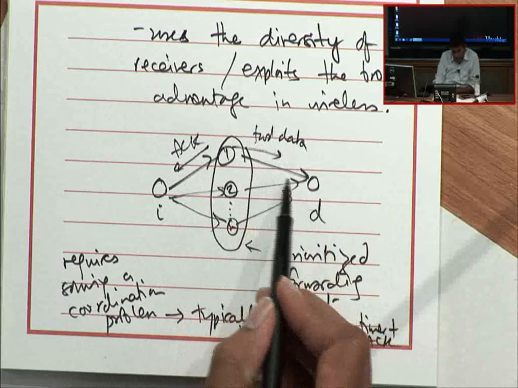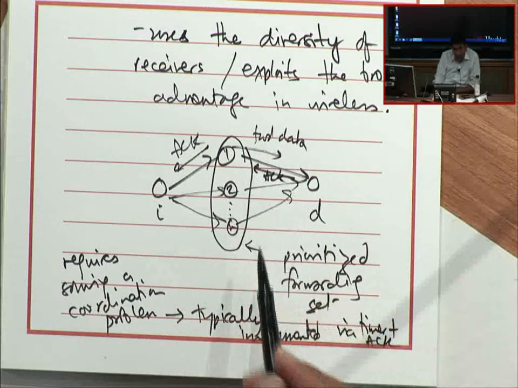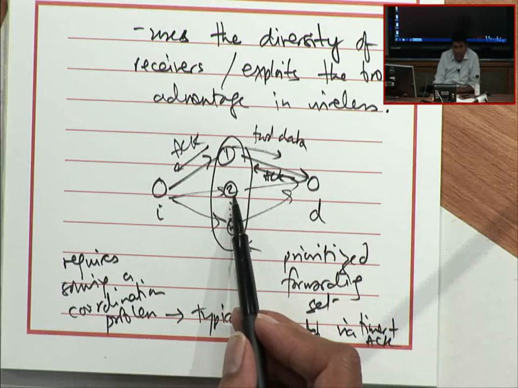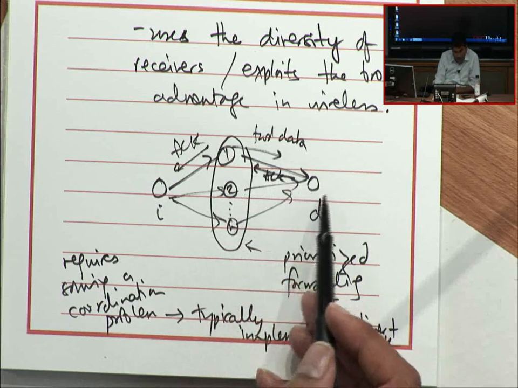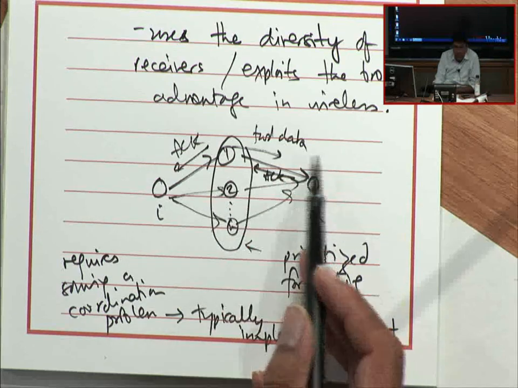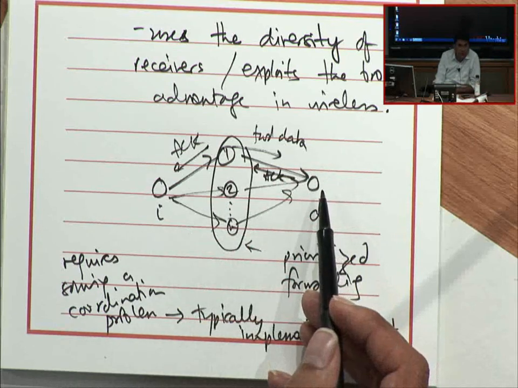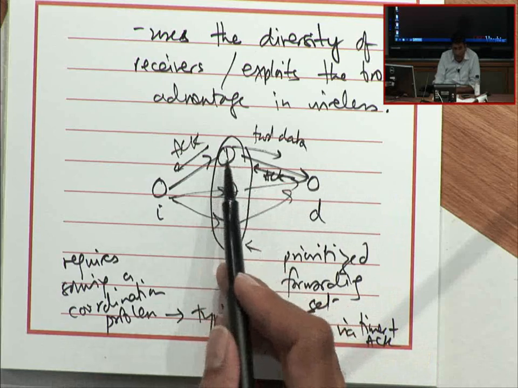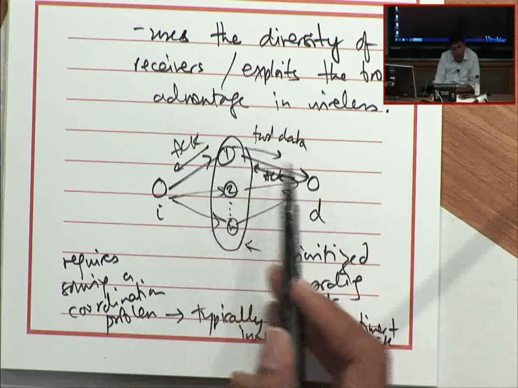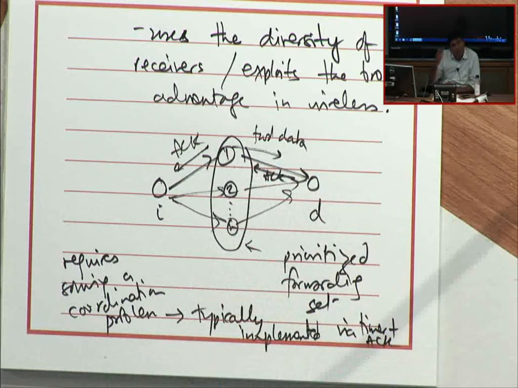And in fact, the final destination will also ACK back. So depending on how you set the timers, you can even wait to hear this ACK, which, because it's by definition supposedly in range of this receiver in order to be able to forward to it, it will hear that ACK for sure. Even if for whatever reason this node was out of your range, if you didn't hear this or hear this, you have another chance. You may have multiple opportunities to hear that a higher priority node has forwarded and you don't need to forward.